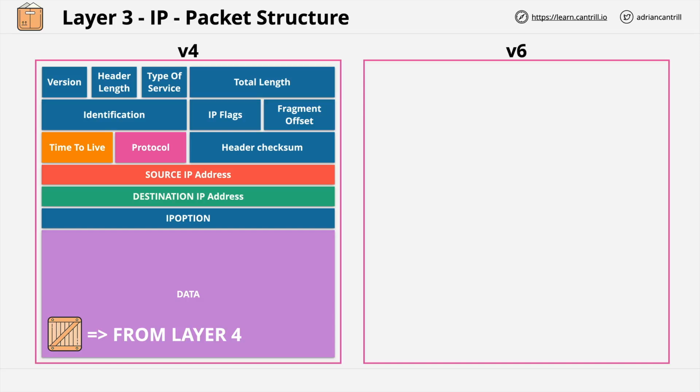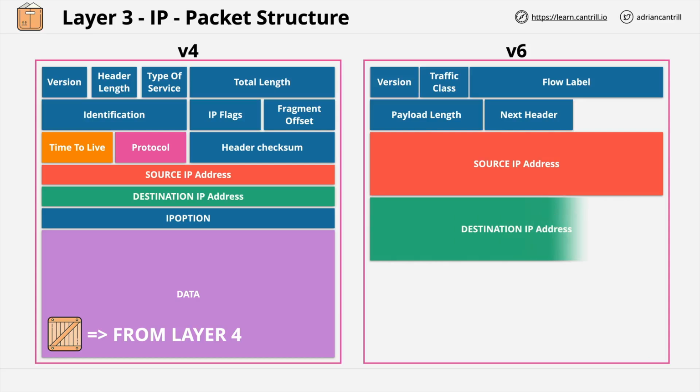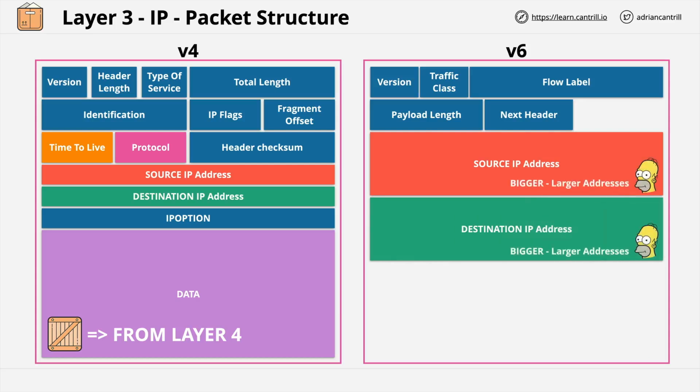Now, IP version 6 from a packet structure is very similar. We also have some fields which matter less at this stage. They are functional, but to understand things at this level, it's not essential to talk about these particular fields. And just as with IP version 4, IP version 6 packets also have both source and destination IP address fields, but these are bigger. IP version 6 addresses are bigger, which means there are more possible IP version 6 addresses.